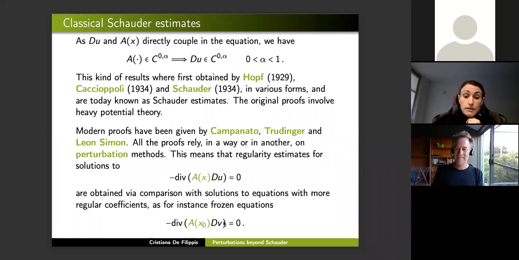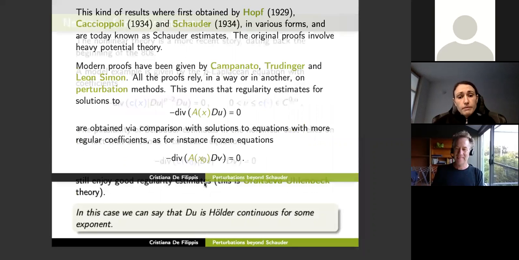So by matching homogeneous reference estimates from the frozen equation with homogeneous comparison estimates between those two, it is possible to iterate and then recover the regularity for the gradient of our original solution.